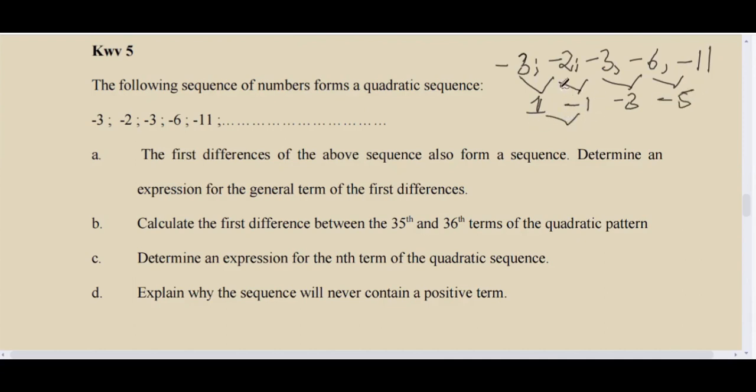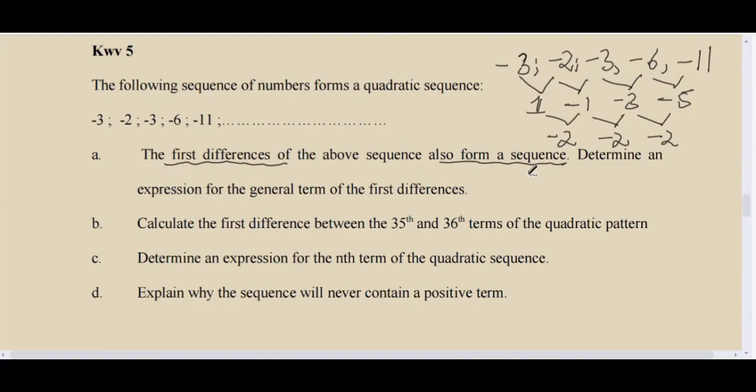Then this would be negative 1 minus 1, that's negative 2. Negative 3 minus negative 1, also negative 2. And then negative 5 minus negative 3, obviously negative 2, because remember we have our second difference always being constant, right? Okay, now they say the first differences of the above sequence also form a sequence.